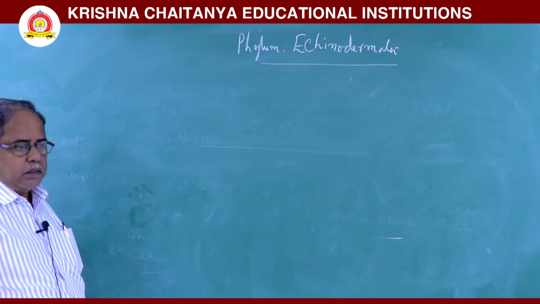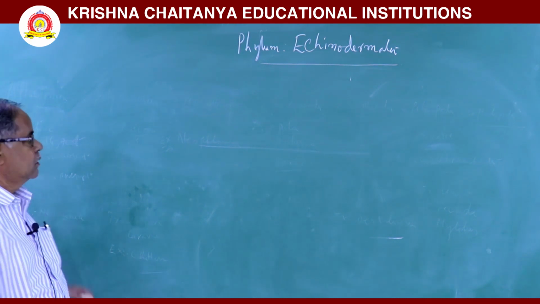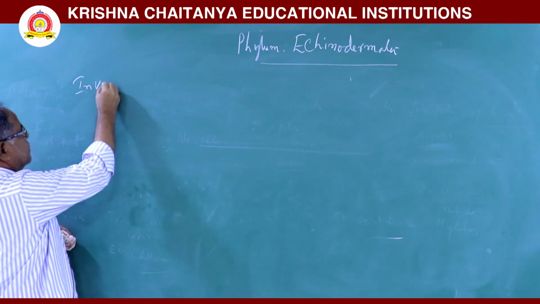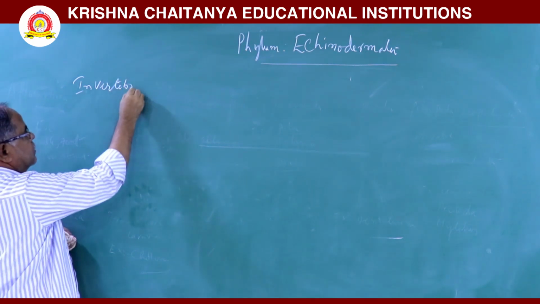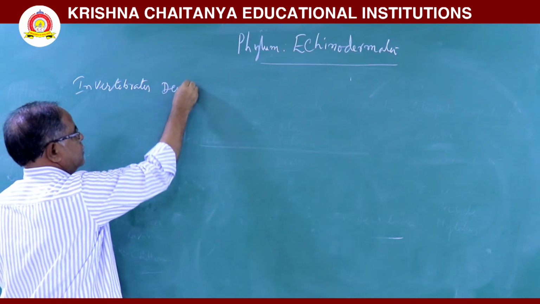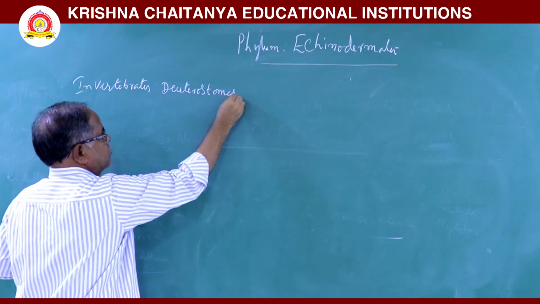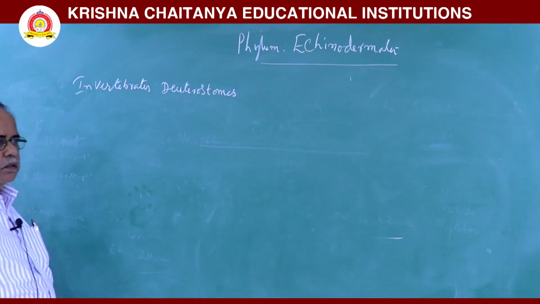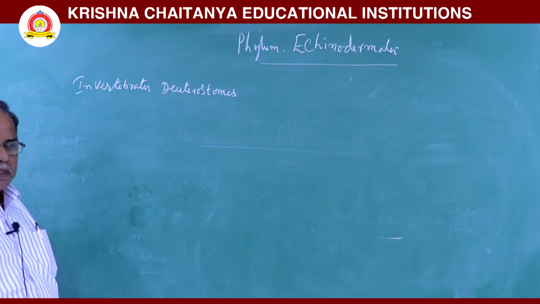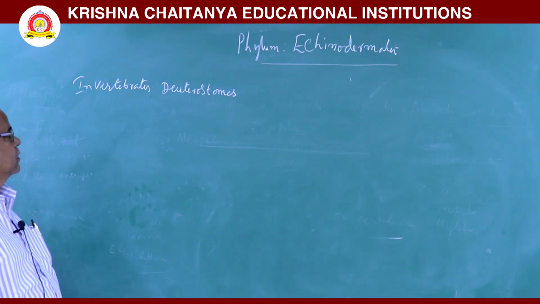These echinoderms are invertebrates. They are deuterostomes, that means during developmental stages, the blastopore is modified as the anus.